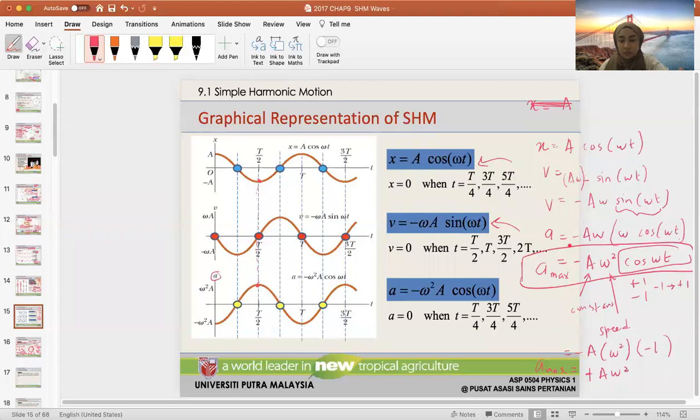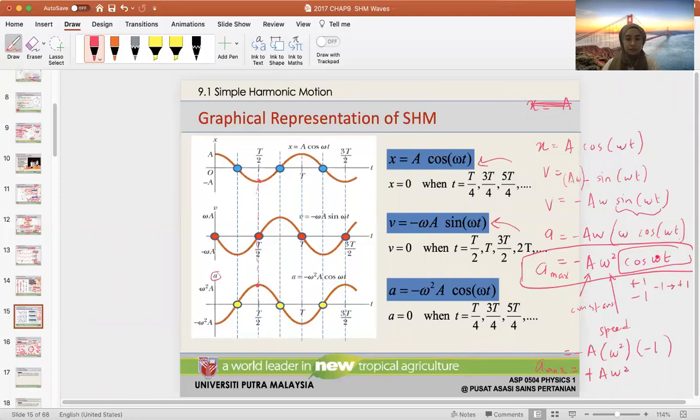To make this equation the maximum, I have to make my cosine minus 1. Itu je. Kalau tak, dia akan jadi 0.3, dia akan jadi 0.5, which makes my A decrease. The value becomes smaller. I don't want that. I want it to become the maximum value. So I will say cosine should be negative 1 to make it A maximum.